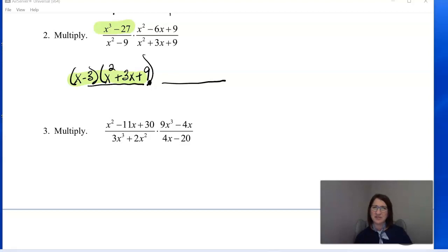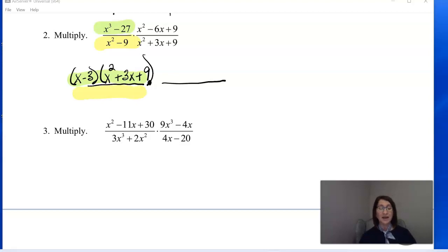Now, one of the things we didn't mention in the earlier sections is that the trinomial that follows the binomial here is prime, meaning it can't be factored any further. Even though it looks like potentially it could be a perfect square trinomial, it never will be. It is an imposter.